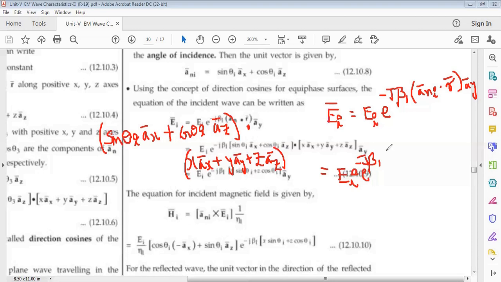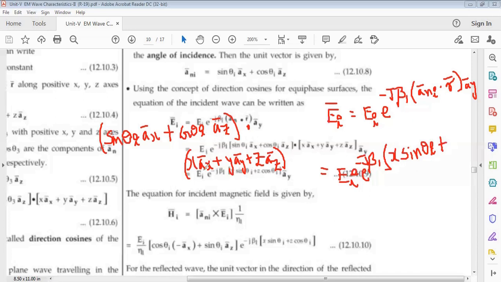Then we'll get sine theta into AX bar dot X into AX bar, means X sine theta I, plus cos theta into AZ bar.